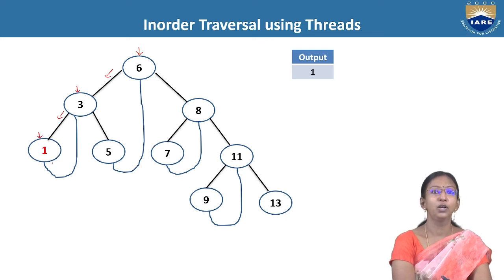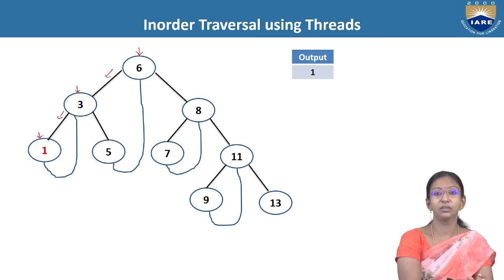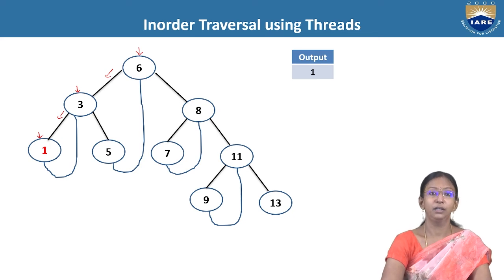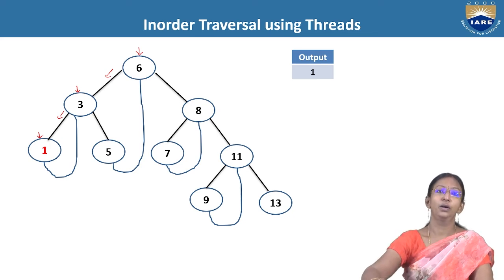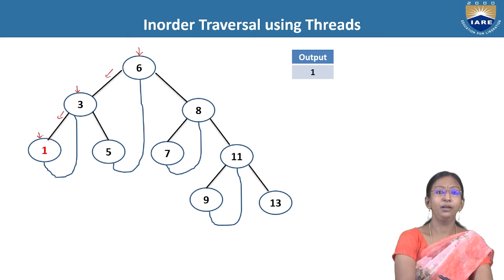No. Right? So with that small process, we can say that 1 is the leftmost element of the given tree. So make it the first character in the output, the first character in the in-order traversal. Then where is 1 heading to? 1 is heading to 3, right?